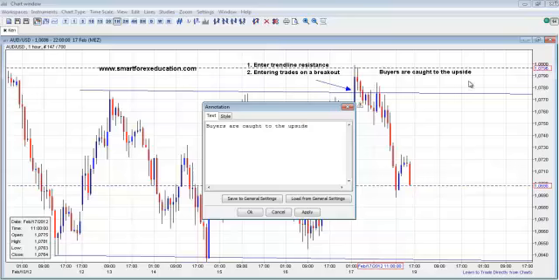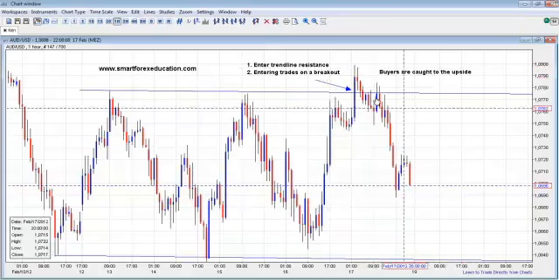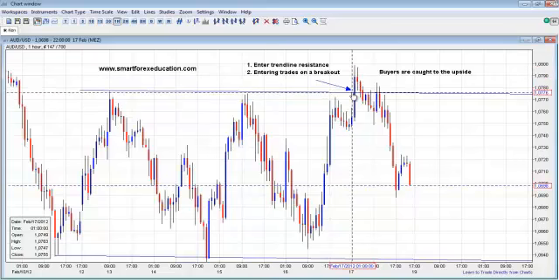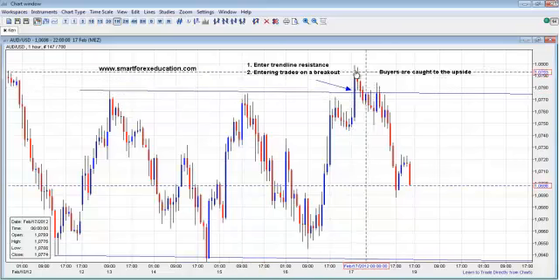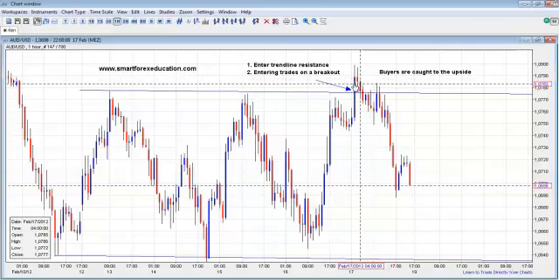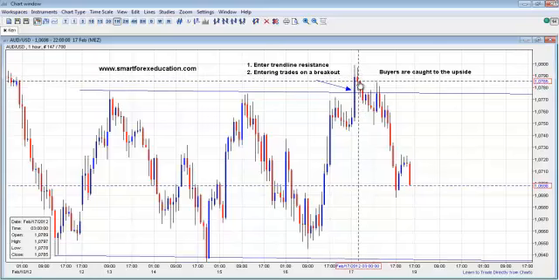What we will normally do is counter that. We'll see that the price has broken just above the previous highs. That presents a nice opportunity for a short trade. Why?